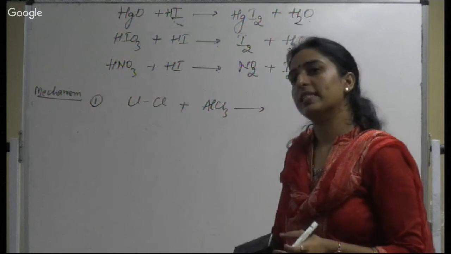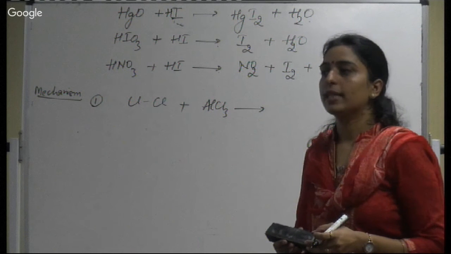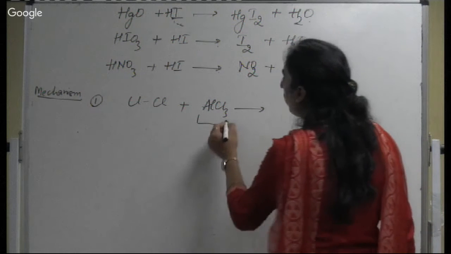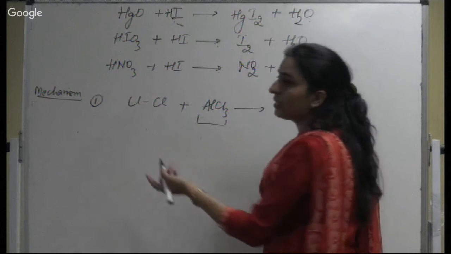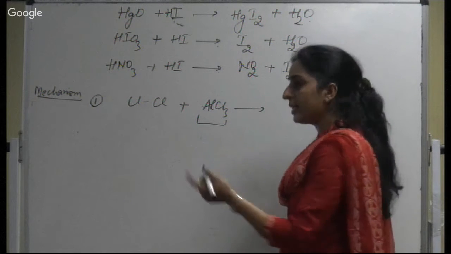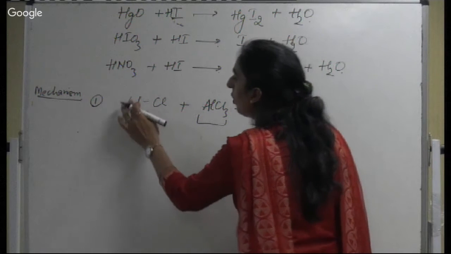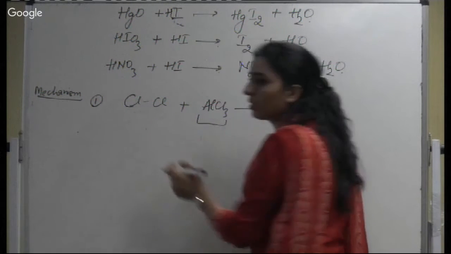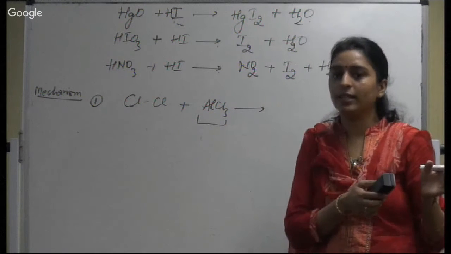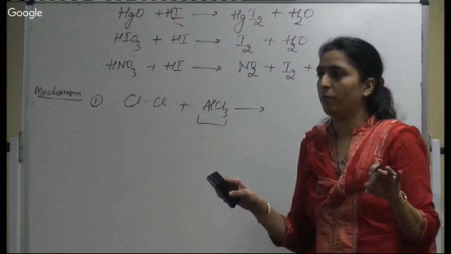But how will the positive be formed? How will Cl plus be formed? Children, we are using it for the polarization of this bond, because the Cl-Cl bond otherwise is non-polar. Yes, it will make a complex with this, but otherwise there is no electronegativity difference between the two atoms. So you cannot make one Cl as Cl plus and the other Cl as Cl minus, because both are equally capable of taking away the electron pair.